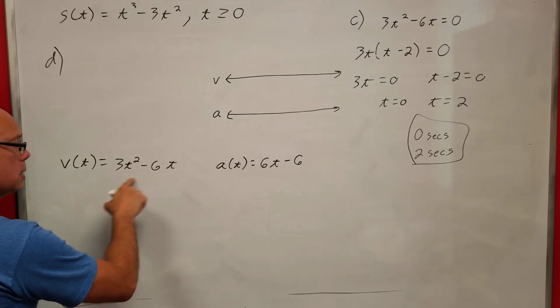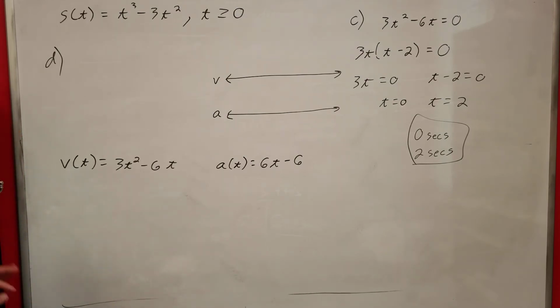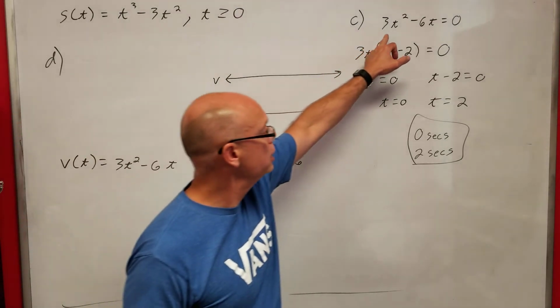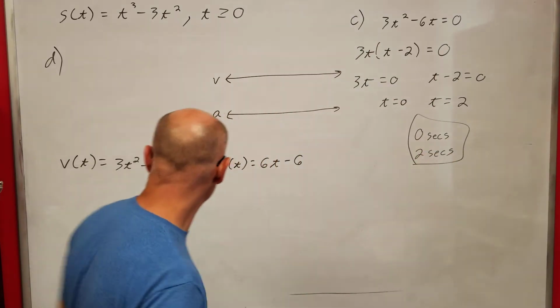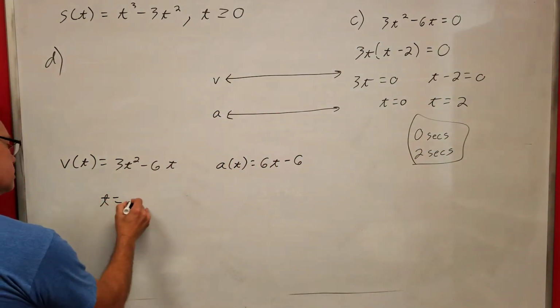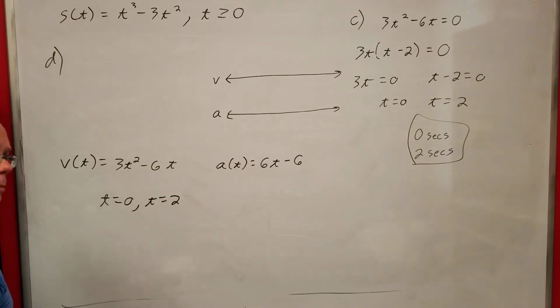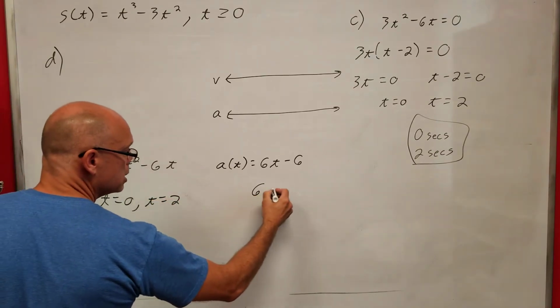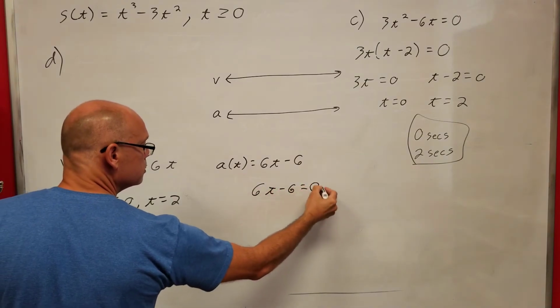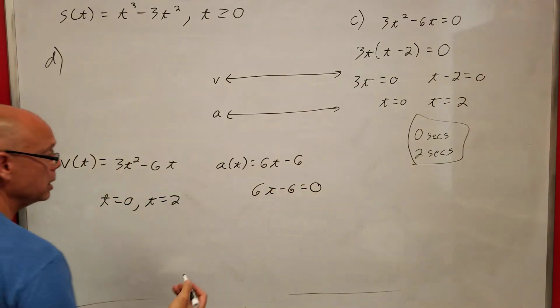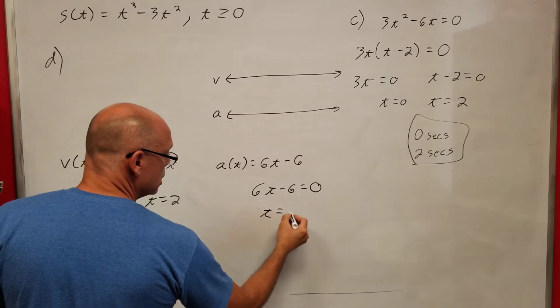Where is the velocity 0? Didn't I just find that over here? 0 and 2. How about the acceleration? Actually, we already found that one as well. So t is equal to 1, right?